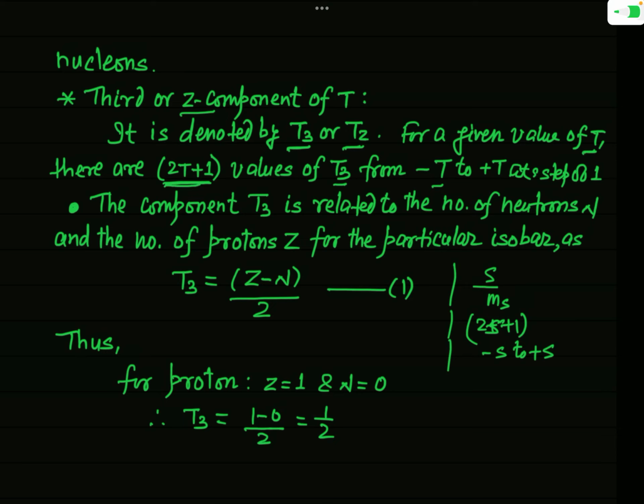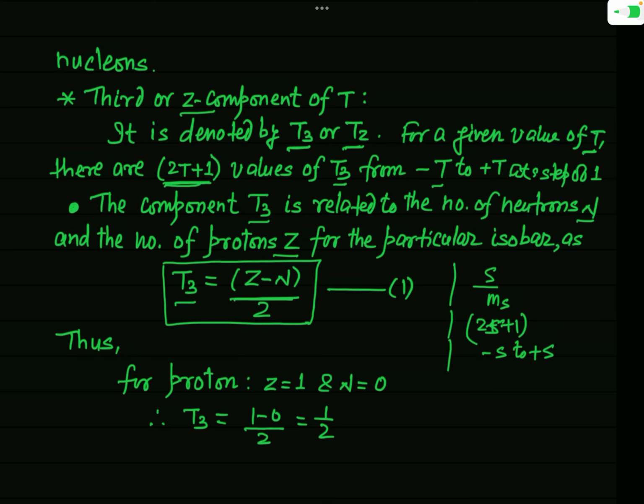Actually, T3 is related to the number of neutrons N and the number of protons Z in a particular isobar, and the relation is: T3 is given as Z minus N over 2. Remember this formula.